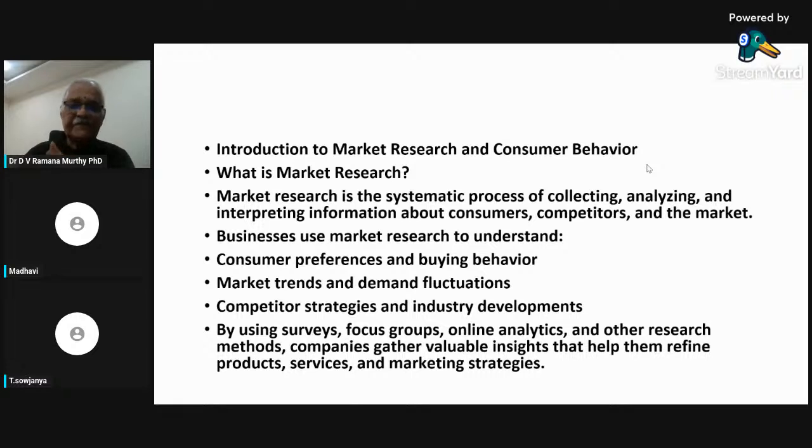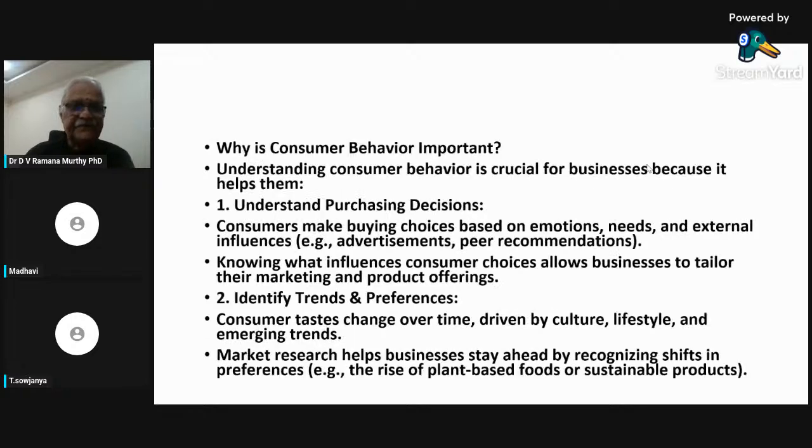By using different methodologies, as we have already talked about in the earlier sessions, you can use surveys, focus groups, physical study in the market, online analytics and other research methods to gather valuable insights about customers, competitors, and customers' buying habits. This kind of data will help refine products, services, and marketing strategies.